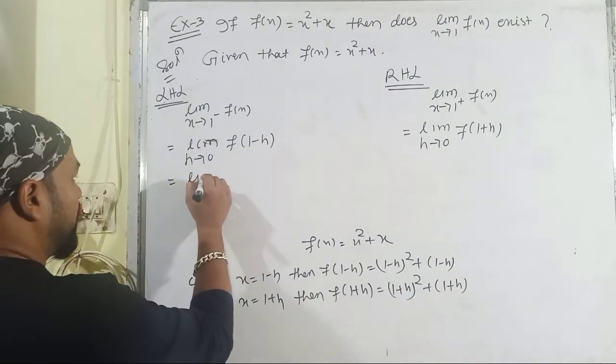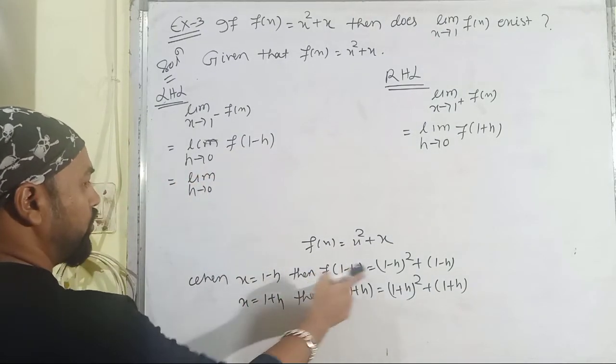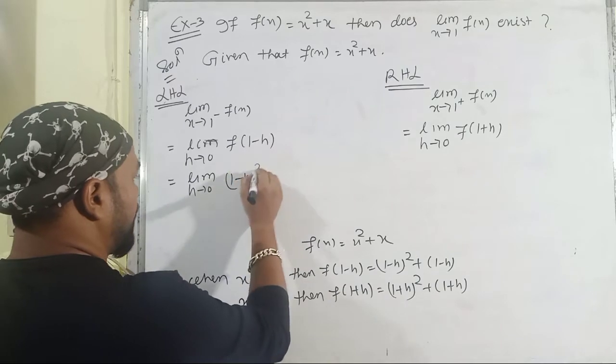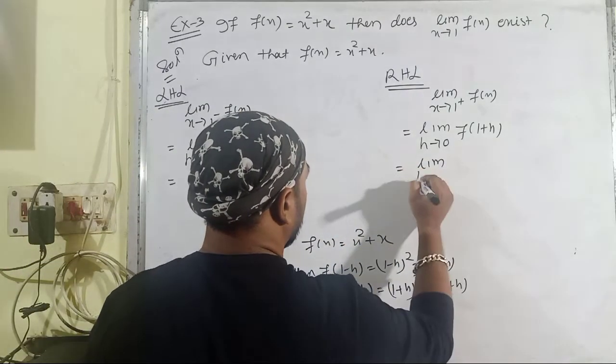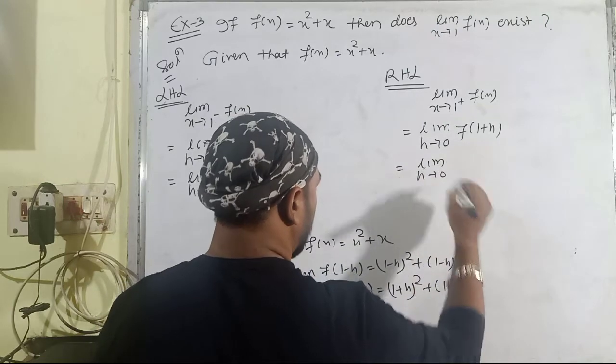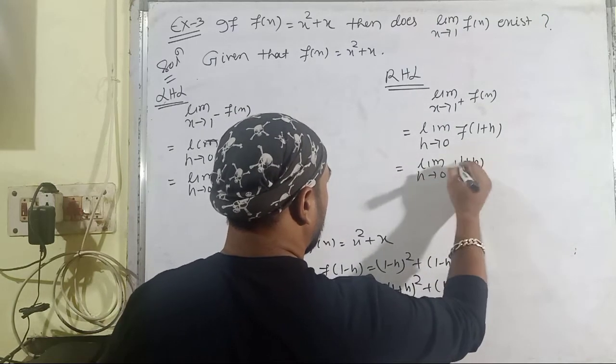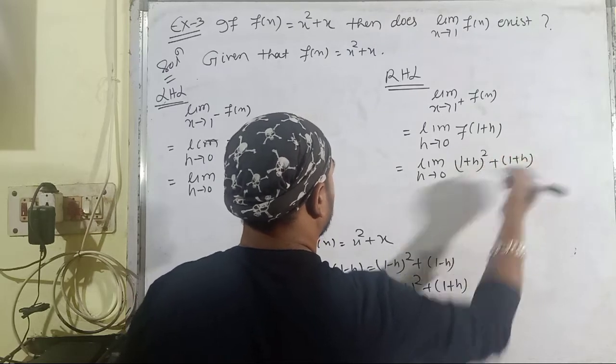So by just putting limit h tends to 0, it will be whole square of 1 minus h plus 1 minus h. And in the case of right hand limit h tends to 0, it is whole square of 1 plus h plus 1 plus h.